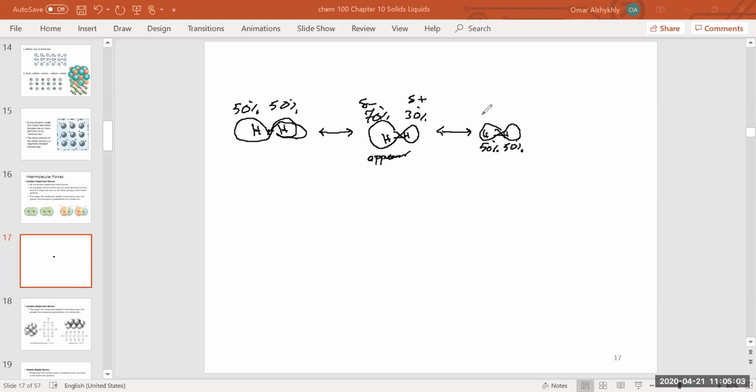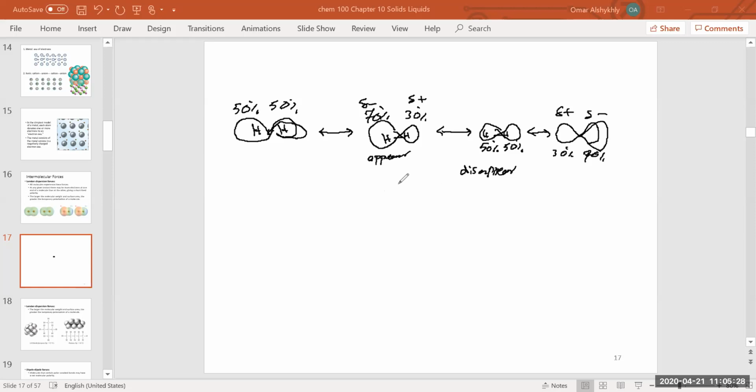No partial negative or partial positive, so it disappears. Then it will appear again, it could be from here, for example. Here 70%, here 30%. Here partial negative, here partial positive. And it keeps going, appearing and disappearing.